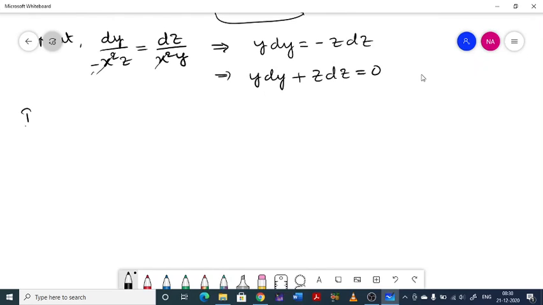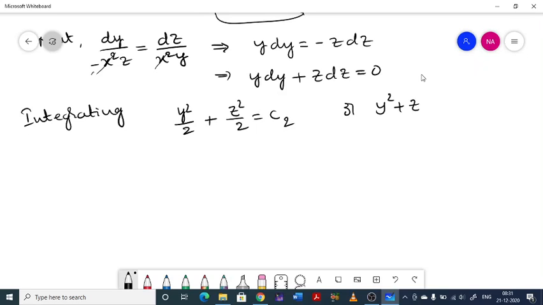Now integrating this, you'll get y square by 2 plus integral of z square by 2 equal to c2, or y square plus z square equal to 2c2.